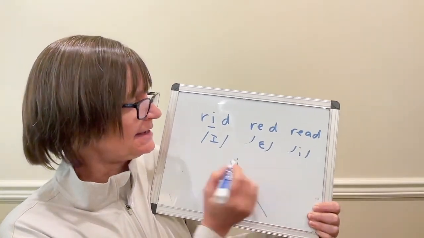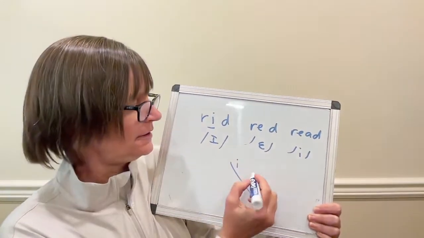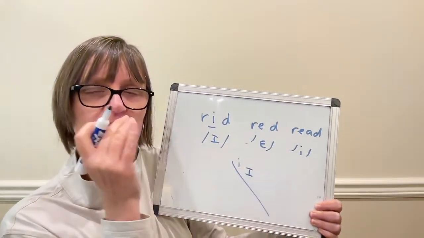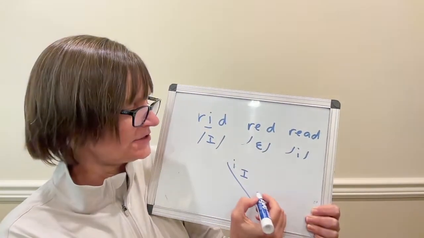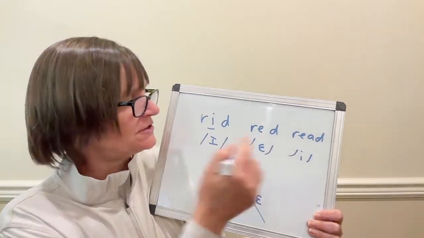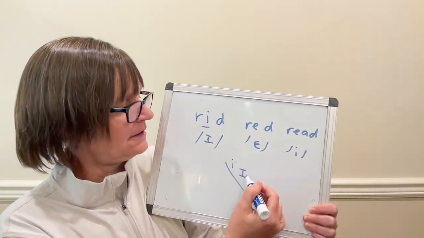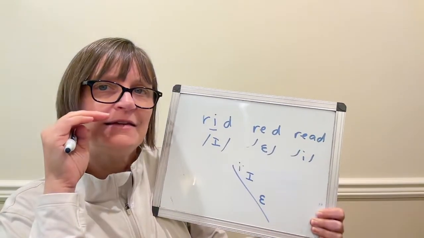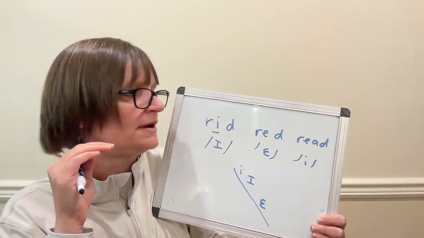But basically, E is the highest and most tense vowel. Then we have the I vowel. Tongue is a little bit lower and more relaxed. And then we have the E vowel. Tongue is more central and also relaxed. So that would be read here, rid, read. Read, rid, read. So you're opening up.